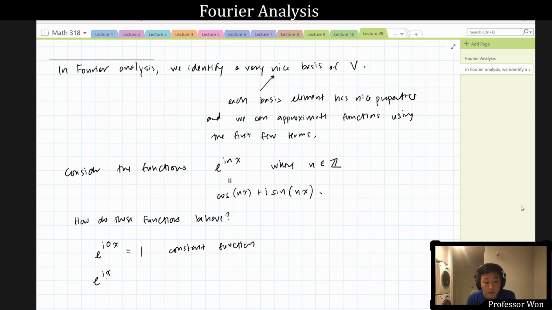What does this do? Well, e to the i anything is going to be a vector on the unit circle in the complex plane, right? Here's the complex plane. Here's the real part of z. Here's the imaginary part of z. Here's the unit circle.